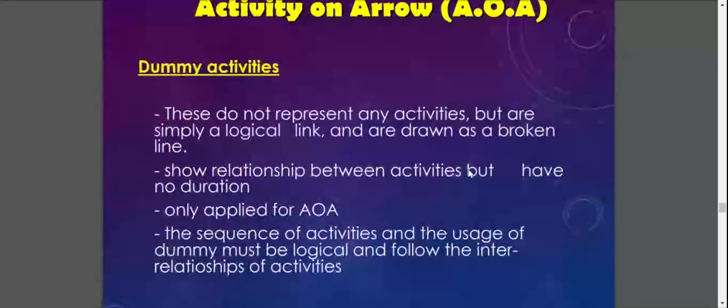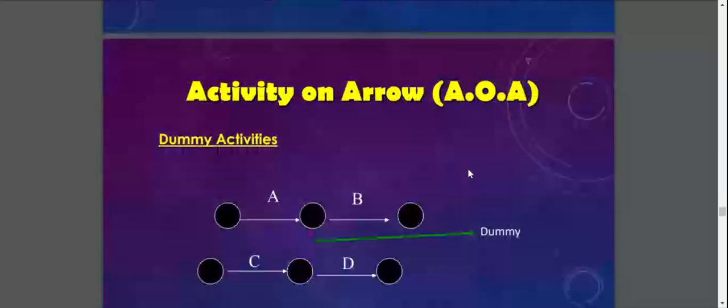Okay, and sometimes you will encounter dummy activities, but these do not represent any activities and are simply a logical link, drawn as a broken line. You will see this when you are projecting your CPM diagram later.